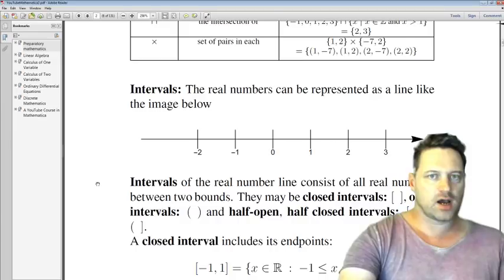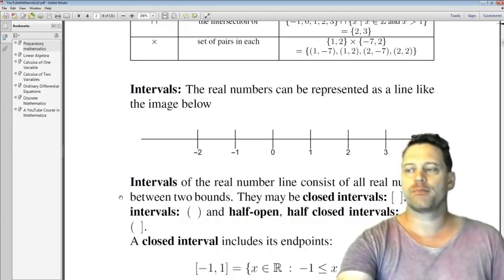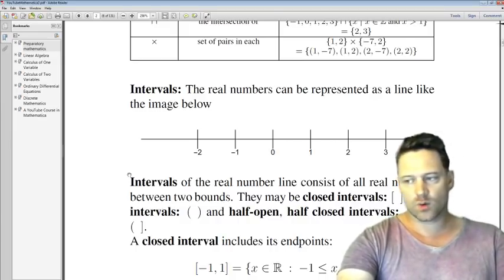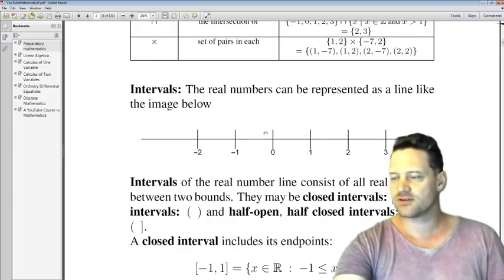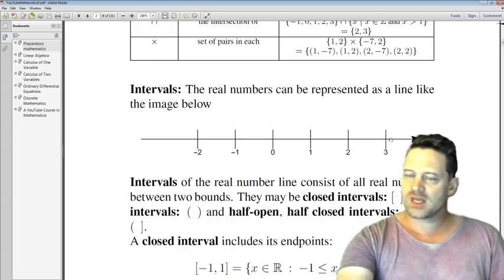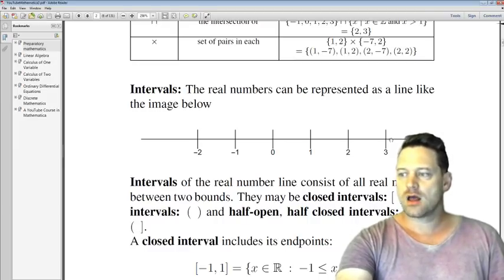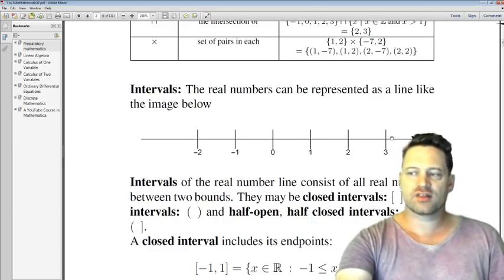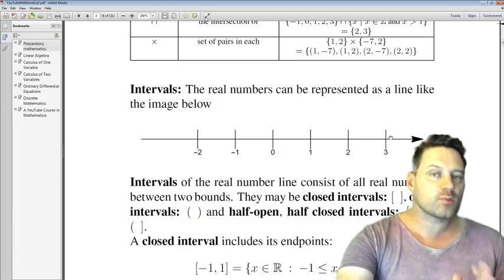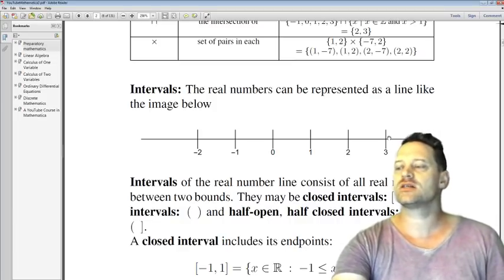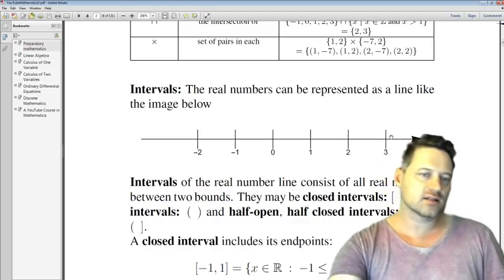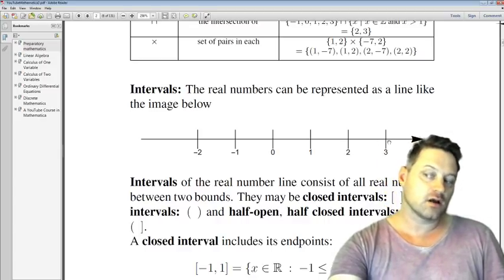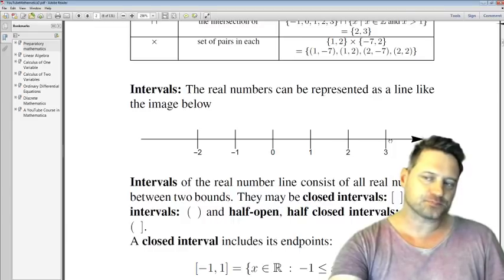So where, you ask yourself, is the number pi? Pi is 3.14159262525, etc. It's not rational, but if we think of it as about 3.1, that puts it just a little bit to the right of the number 3, right about there.